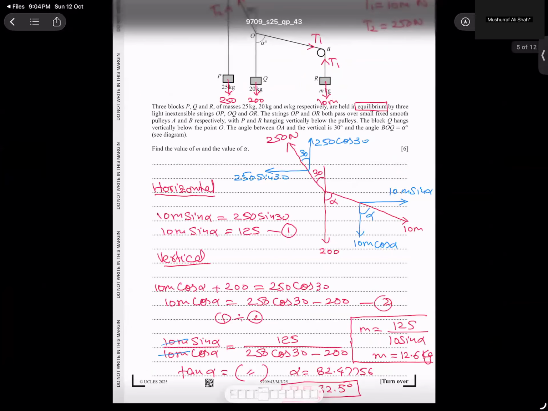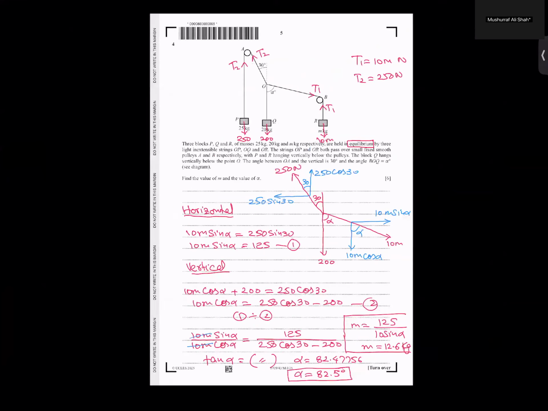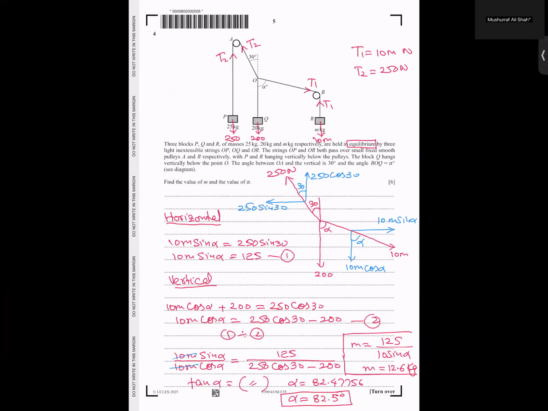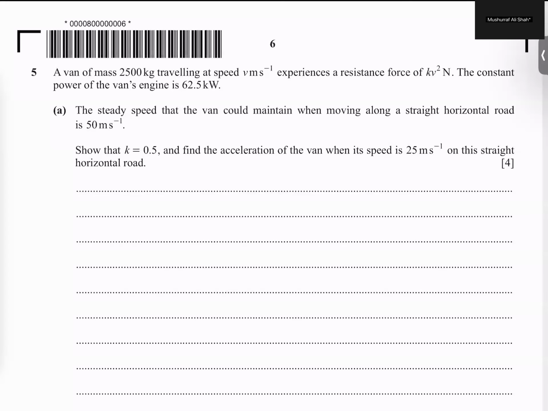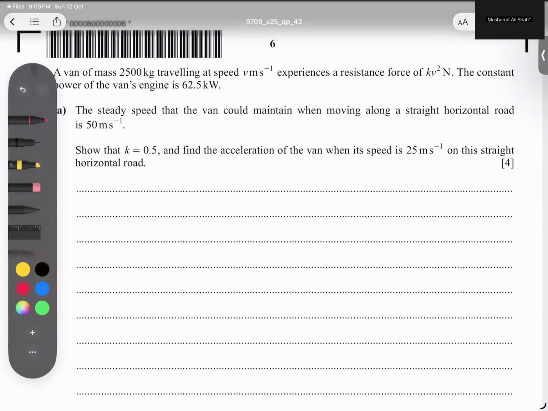I hope the concept of the question is completely over. Question number 5: we have a van of mass 2500 traveling with a speed of v and experiences resistance kV squared.